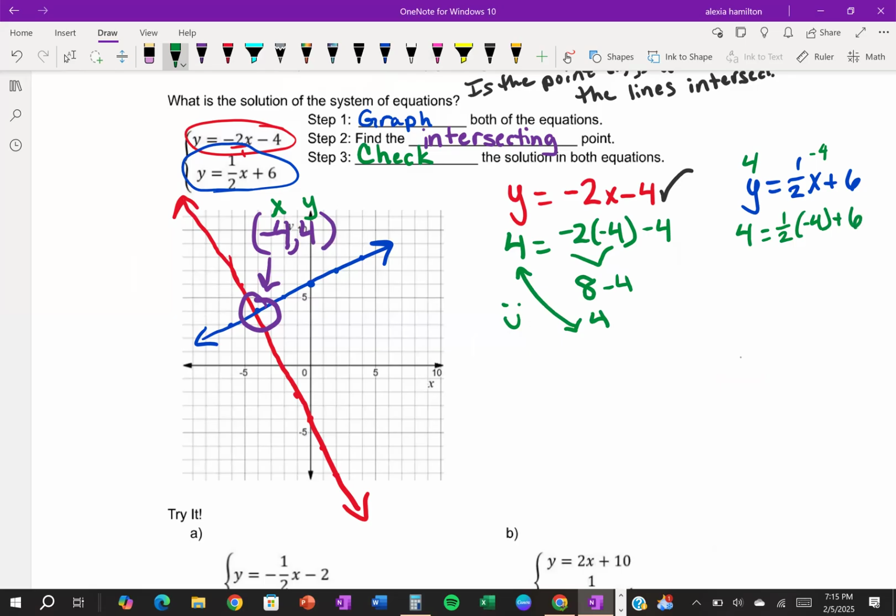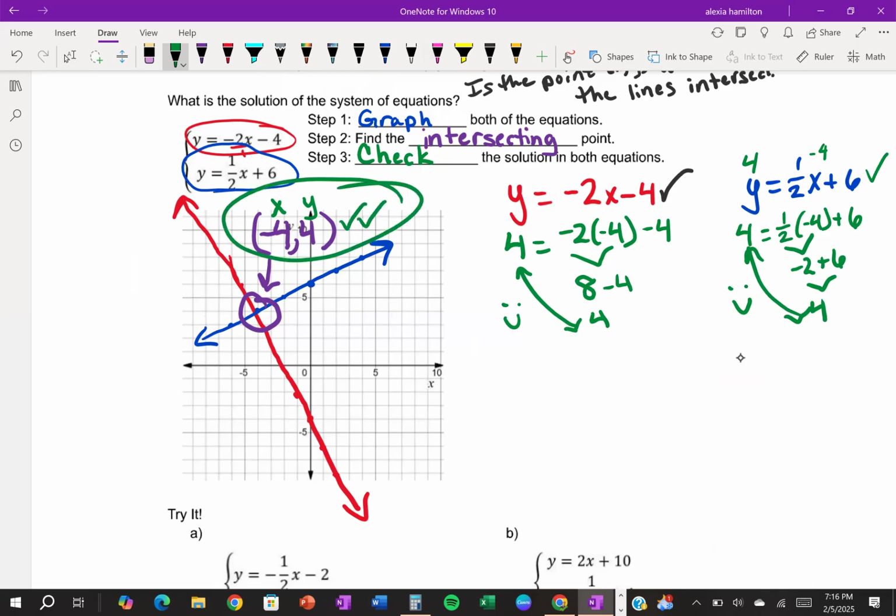Hopefully this right-hand side will equal the +4 on the left. So order of operations, 1/2 times -4 is -2. -2 plus 6 equals +4. Again, they're the same. So if it works for both, you get check, check, then our answer is good to go.